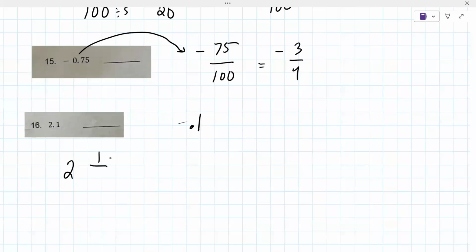Yeah, so it's 2 and 1/10. And this is a mixed number, and that's okay. So wouldn't it become 21 over 10? This is okay. It's okay to leave it like this.